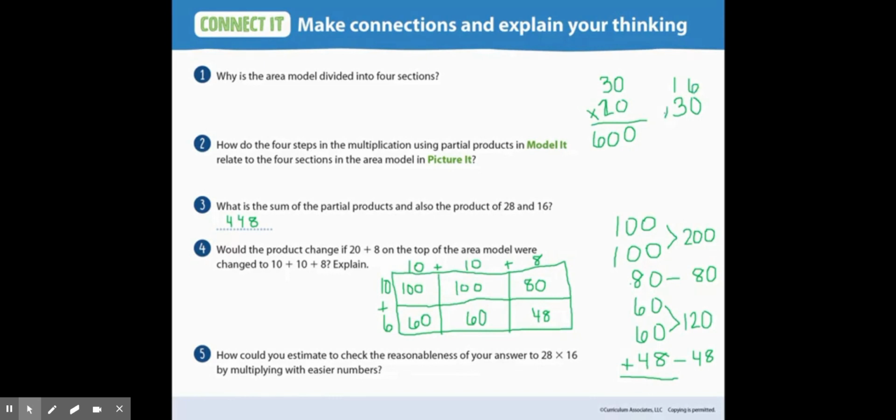That's going to make it a little bit easier for me. I can drop my 0, and 3 times 6 is 18. And I carry the 1, and I get 480, which is a lot closer. So yes, I would say that my answer is reasonable.